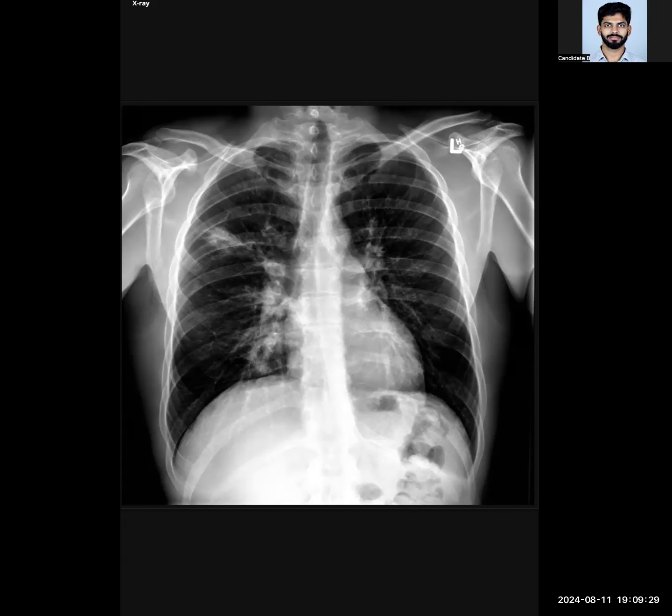So to conclude, this is right middle lobe consolidation with some irregular margins along this area of consolidation.